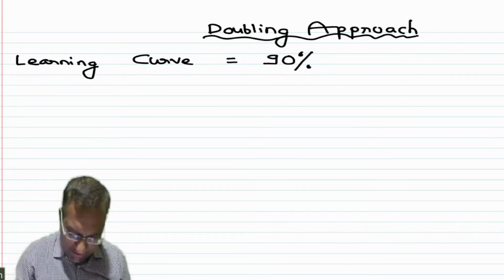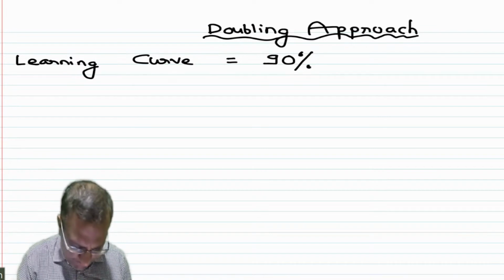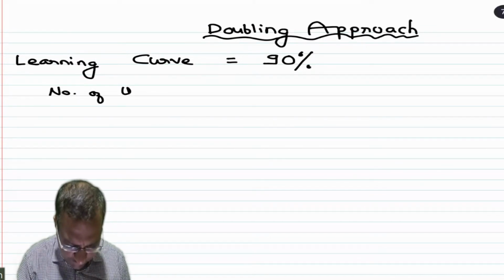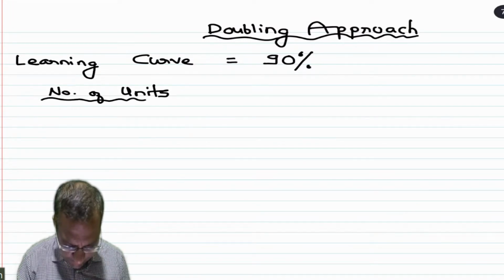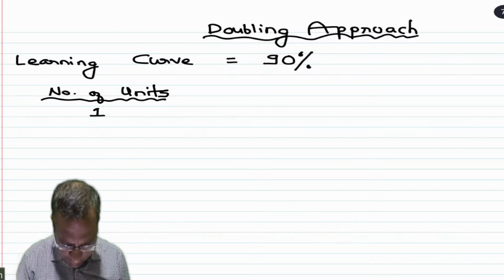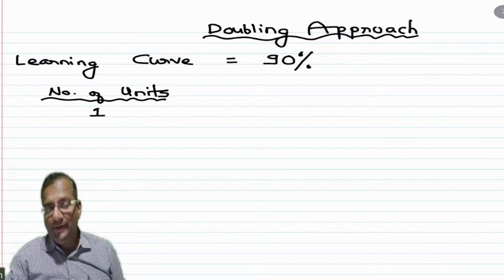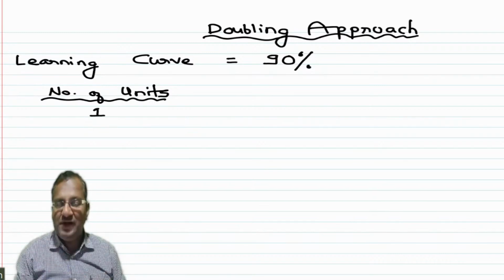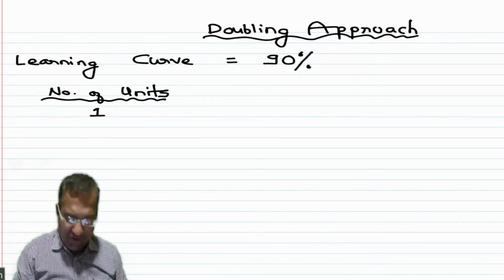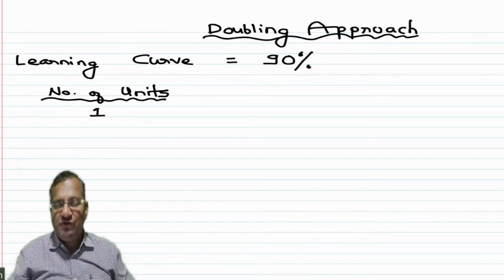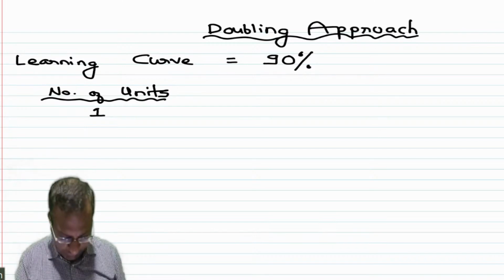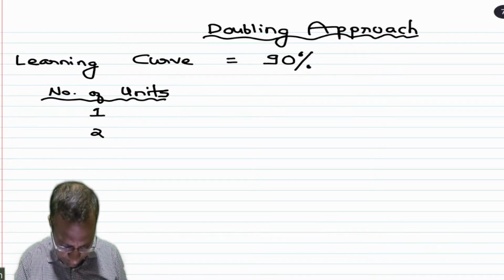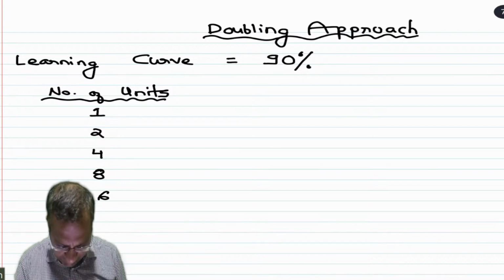Okay, beta. Now let's take an example of the doubling approach. This first column is number of units. The approach is the doubling approach. So the basic assumption behind T.P. Wright's formula is that when the worker doubles its production, 1, 2, 4, 8, 16 and so on.